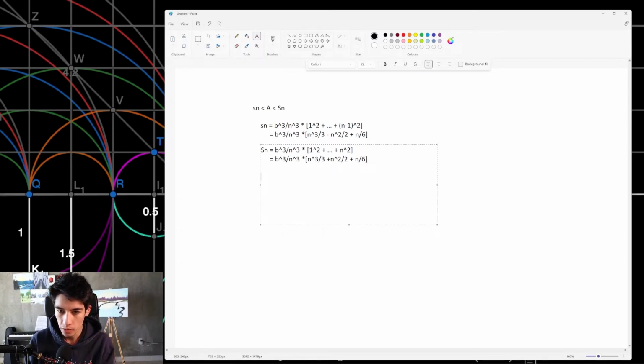So now that we have these two arithmetic representations of the inequality, we can write a simplified variant of that inequality: a is less than this upper bound, and this lower bound is less than the upper bound.